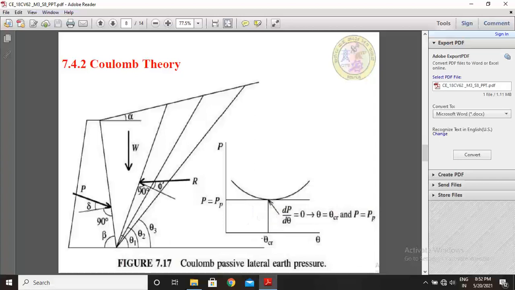Where there is a lower tangent peak point, that point we select as the critical angle, and at this point dP by d theta is equal to 0. Then theta equals theta critical and P is equal to PP. So these are the explanations of the symbols for Coulomb theory.